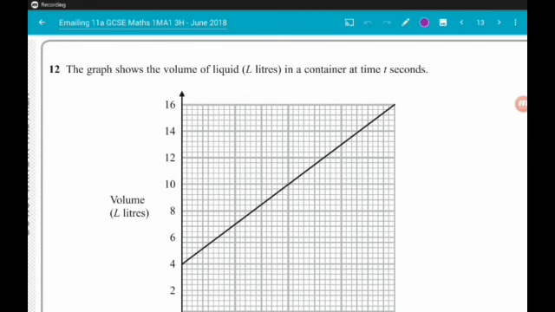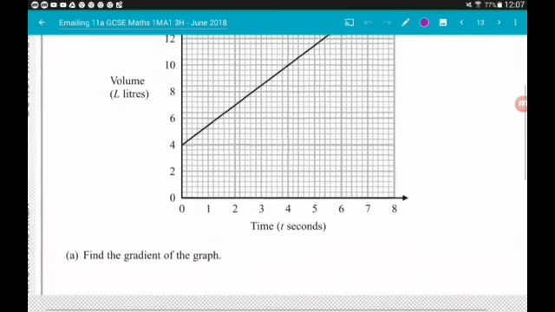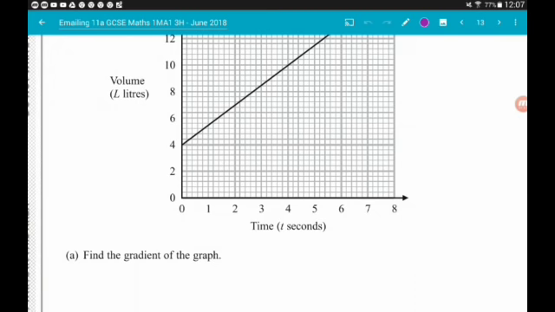Question 12. The graph shows the volume v litres of liquid in a container at t seconds. So here's our lovely graph. Part A wants us to find the gradient of the graph. So gradient is difference in y divided by difference in x.